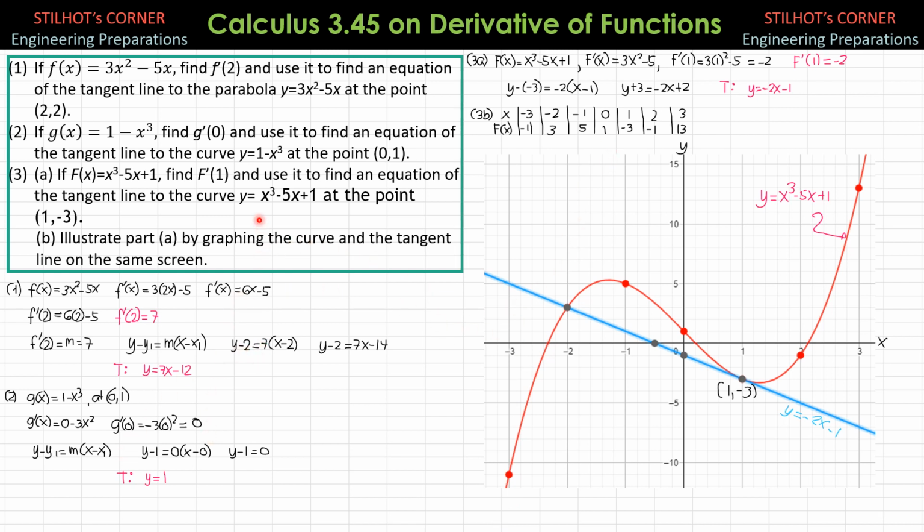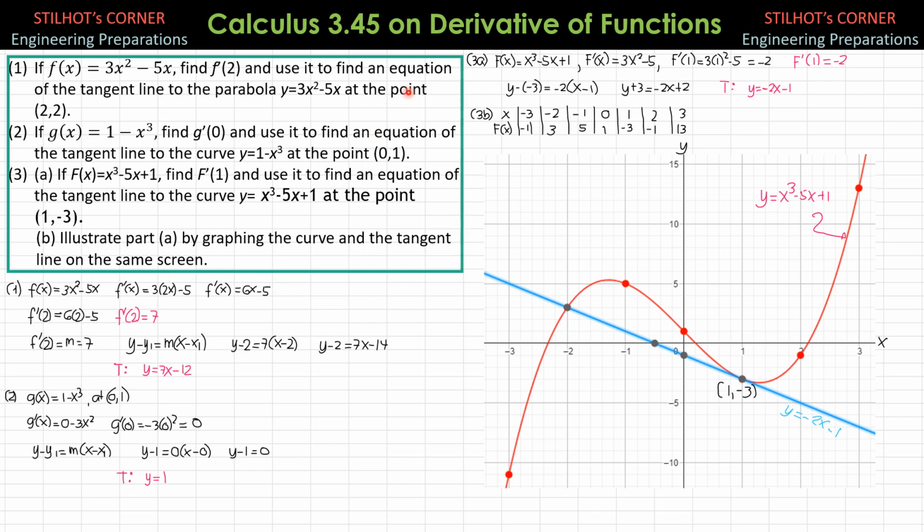Then to have the complete graph, you have to plot many points in order to sketch the curve accurately. So at the point (1, -3), when x is 1, 1 cubed minus 5 times 1 is negative 4, plus 1, so negative 3. That's correct. That's a point on the curve. Then illustrate part A by graphing the curve and the tangent line on the same screen.